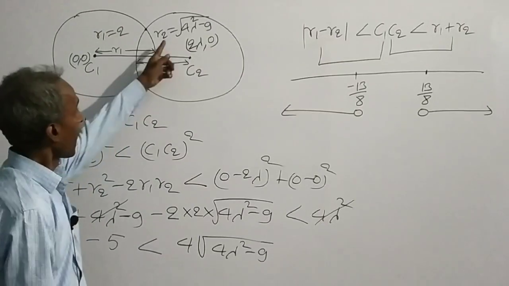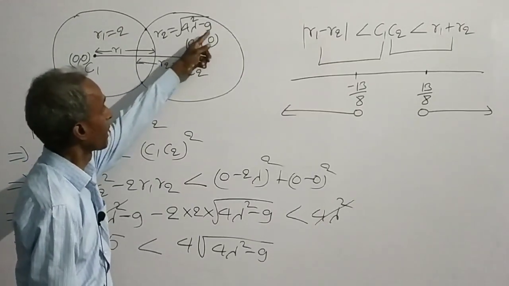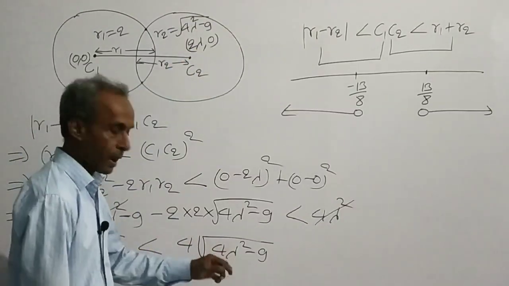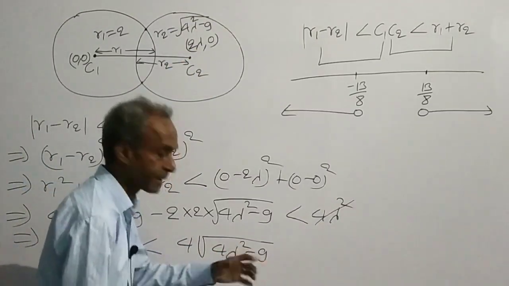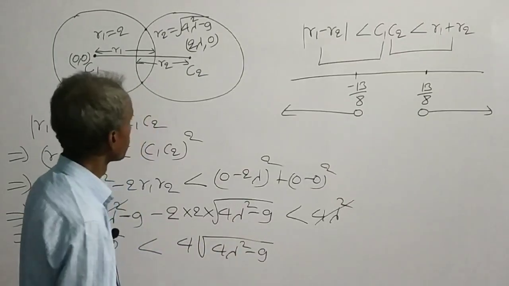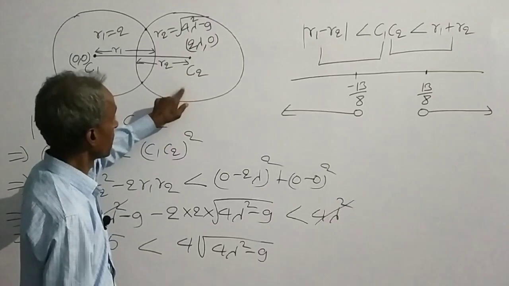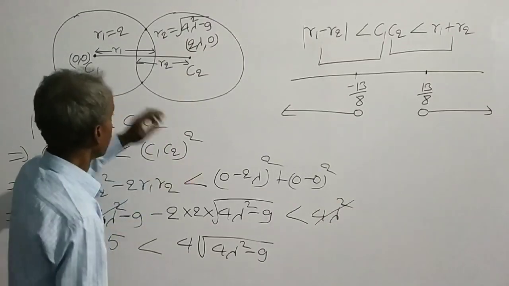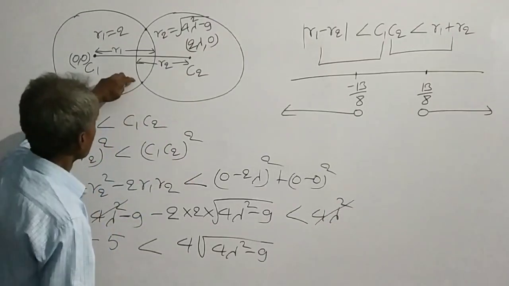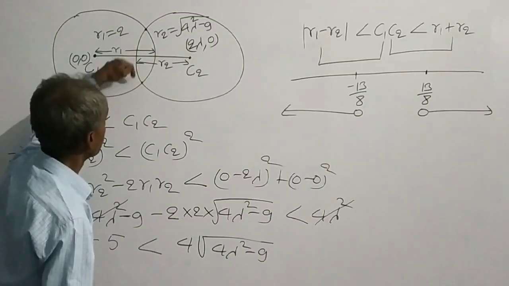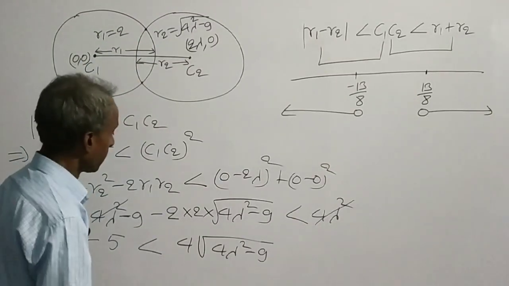But R2 is root under 4 lambda square minus 9. If the value of 4 lambda square minus 9 becomes 0, then R2 will be 0. Then this circle will be a point circle. Then we cannot get 2 distinct points of intersection.